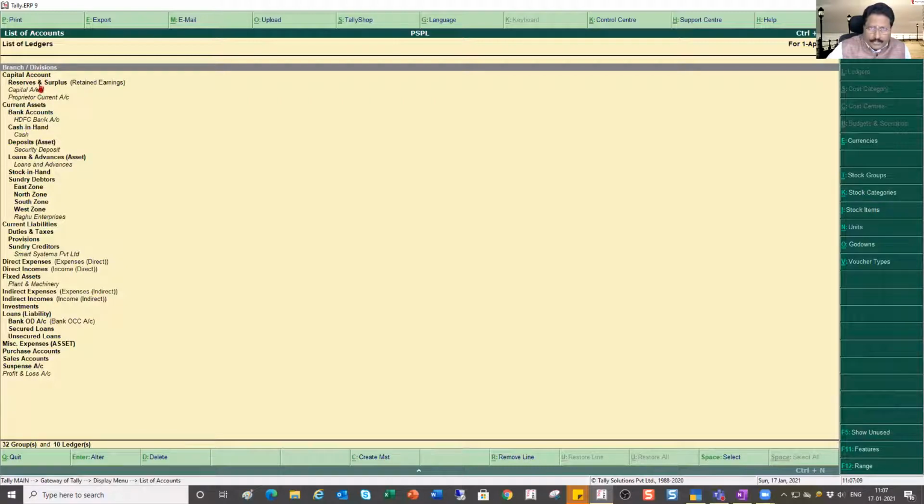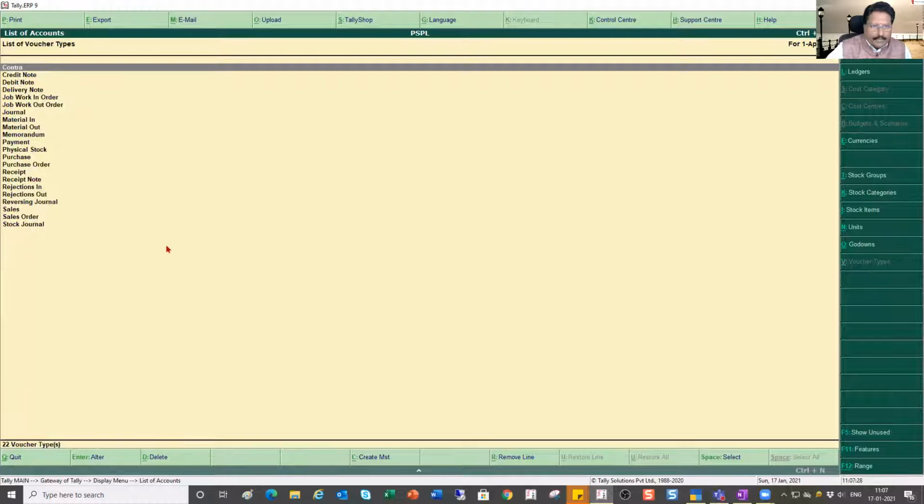By default, in the List of Accounts, Tally brings the list of all your ledgers and groups. Remember our secret number one, the right-hand side button bar. On it, you will see a button which says Voucher Types. Click on Voucher Types, and Tally gives you the list of all the default voucher types.